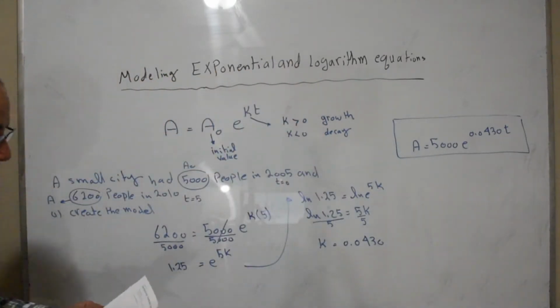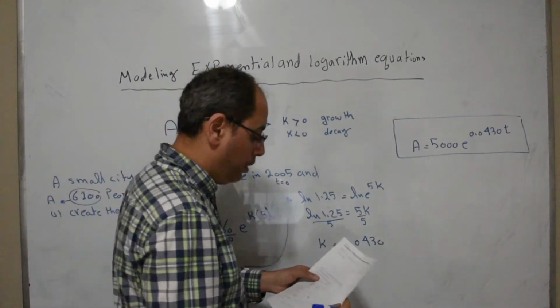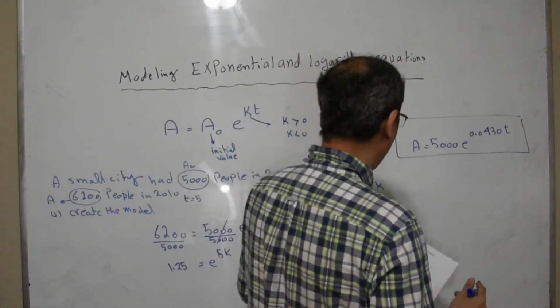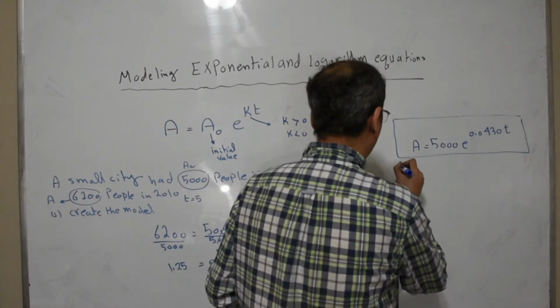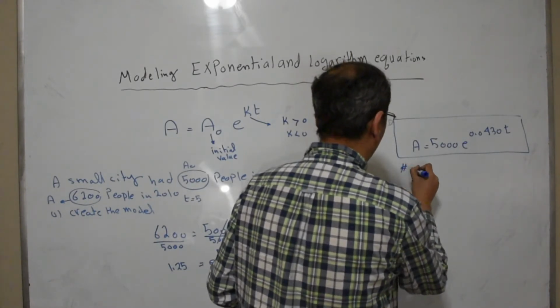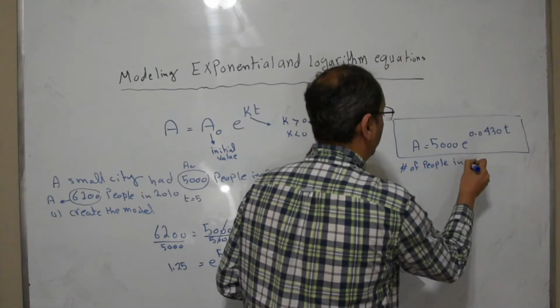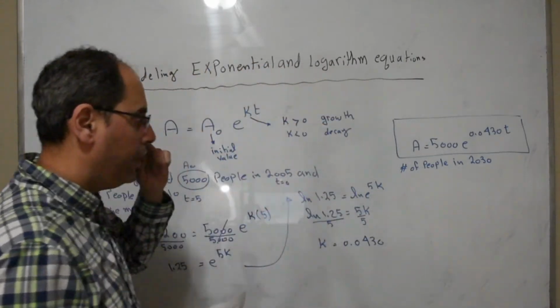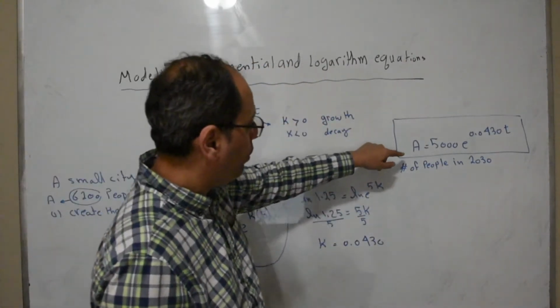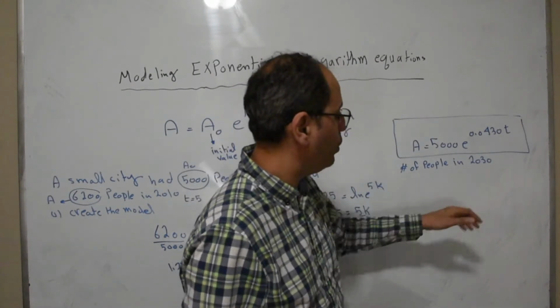The second question asks to predict the number of people in the city in 2030. So I want to get A at the time 2030.